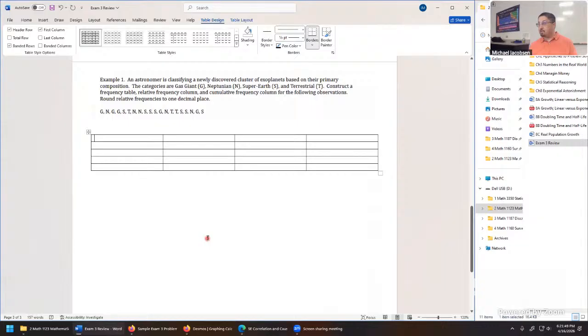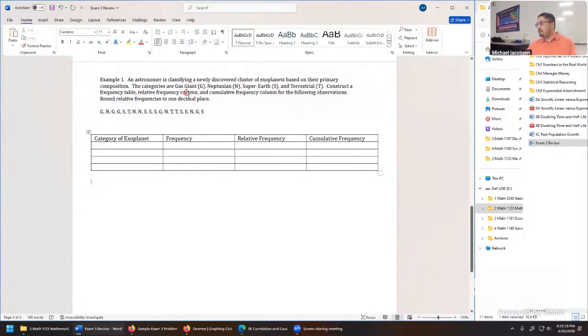So I'll put on this first column, category of exoplanet. Then we need to build out the frequency, relative frequency, and cumulative frequency. So now I think I also filled out this information here.